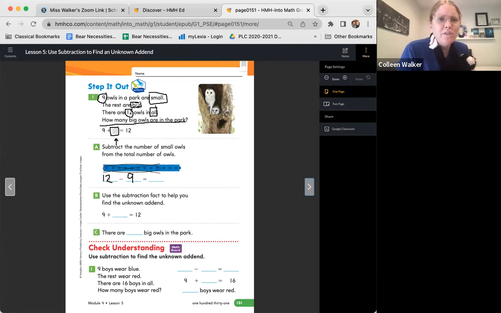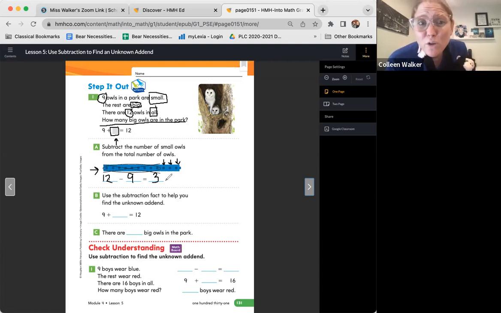So if we start with 12, you notice there's 12 here, and we cross out 9. How many do we have left? Can you count with me? 1, 2, 3. 3 were left. So it says use the subtraction fact to help you find the unknown addend.